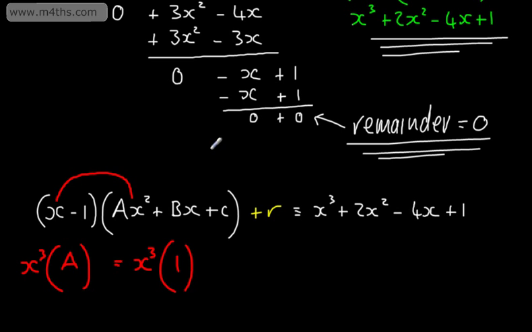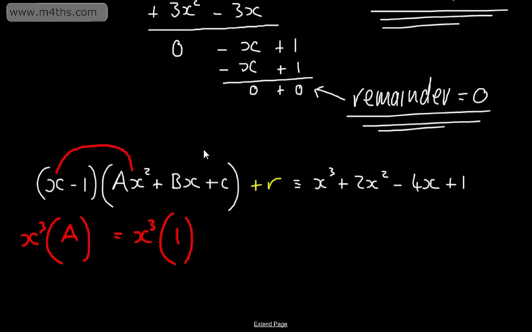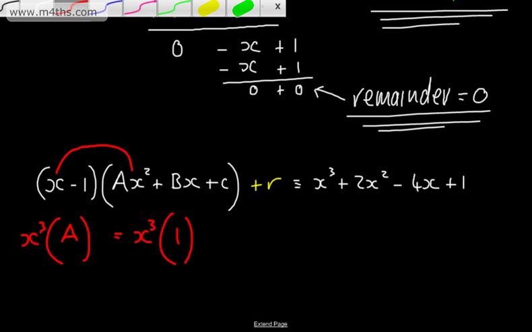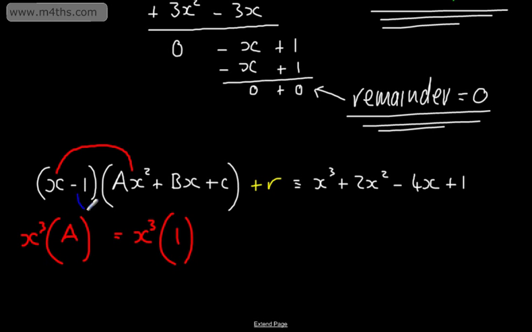Now if we look at the terms in x squared, and I'll do this with a different colour, what we'll have now is the -1 multiplied by a, and also we will have the 1x multiplied by the plus bx.